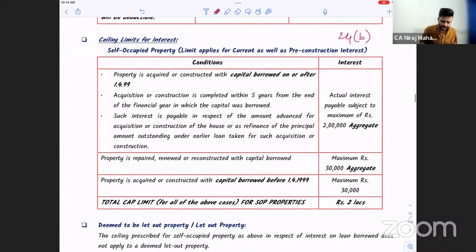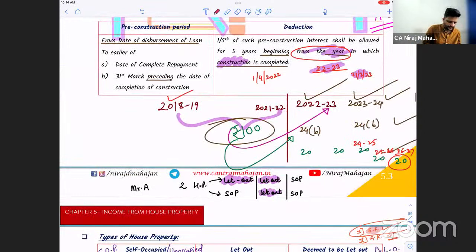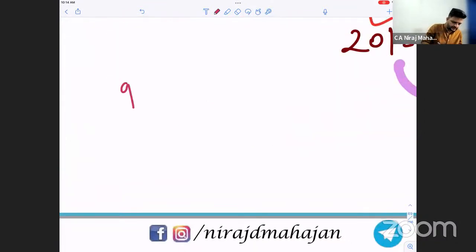Means what? Understand. Again, just for the sake of example, if my taxable income is, let us say, 40 lakhs, I fall in the 30% slab rate.